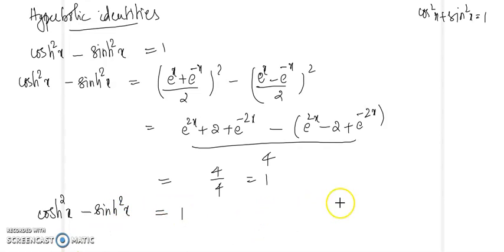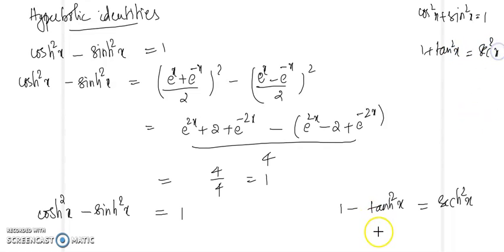And again, if you divide this equation throughout by cosh square x, that will give 1 minus tanh square x equal to 1 by cosh square x, which is sech square x. Your trigonometric identity is 1 plus tan square x equal to sec square x, and this is the corresponding hyperbolic identity.